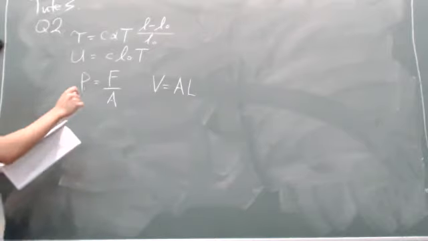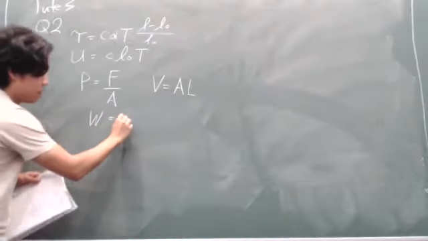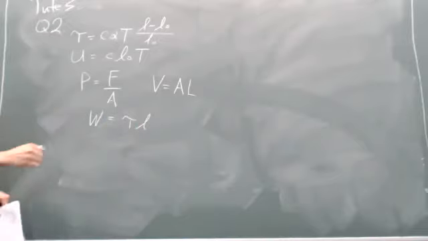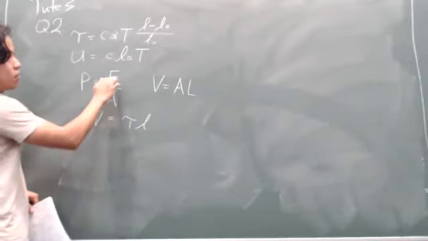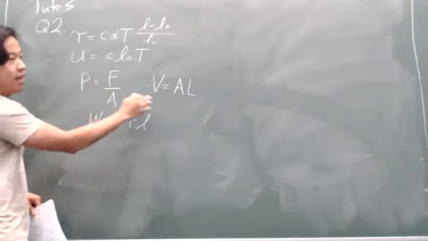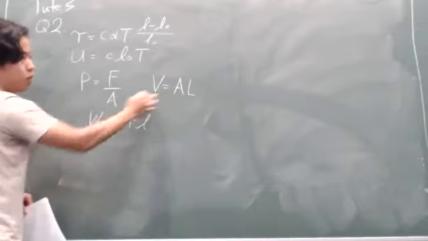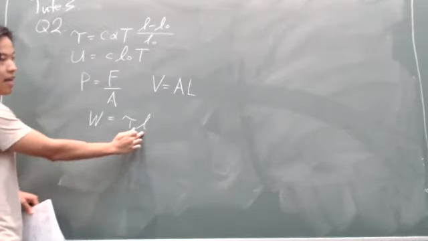But in this case, for the rubber band, we'll instead have the tension times L. So we cancel out these two A's and then just have the tension force times the remaining L that's left. Rather than a pressure times a volume, we combine these two areas from these two separate terms and are left with just a force term, that's tau, and a length term.